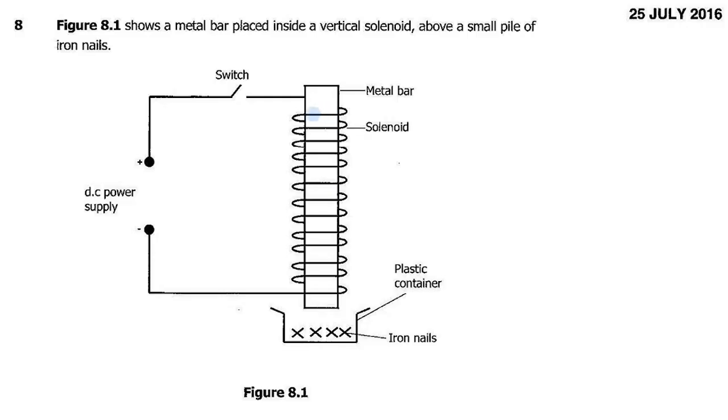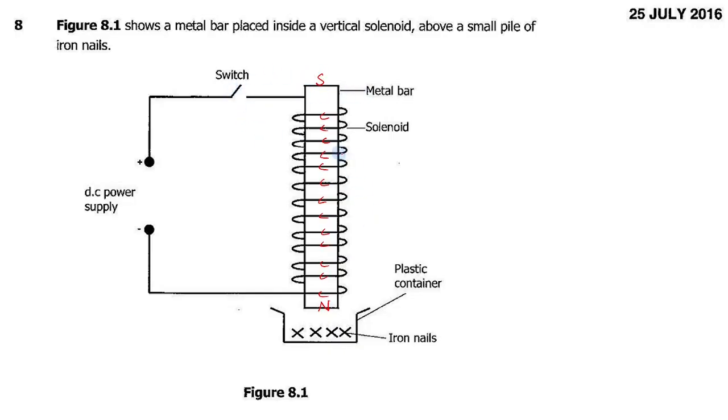Here there's a DC supply, this is positive, so current will be going like that. If it is going like that, then this one will be the north pole and that one will be the south pole when this switch is closed.